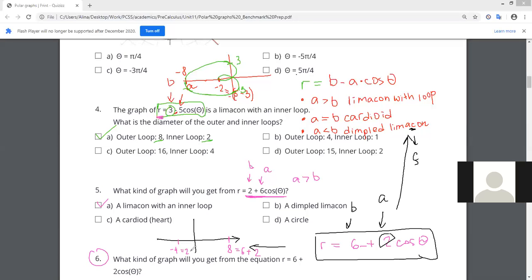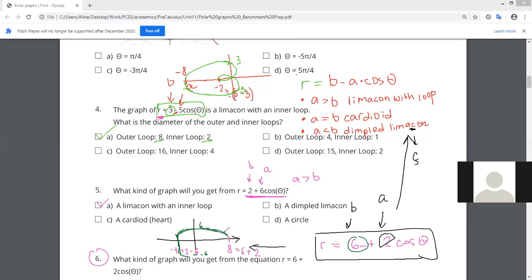That's 2 minus 6. Then 6 units up, 6 units down. And imagine the shape of an apple.